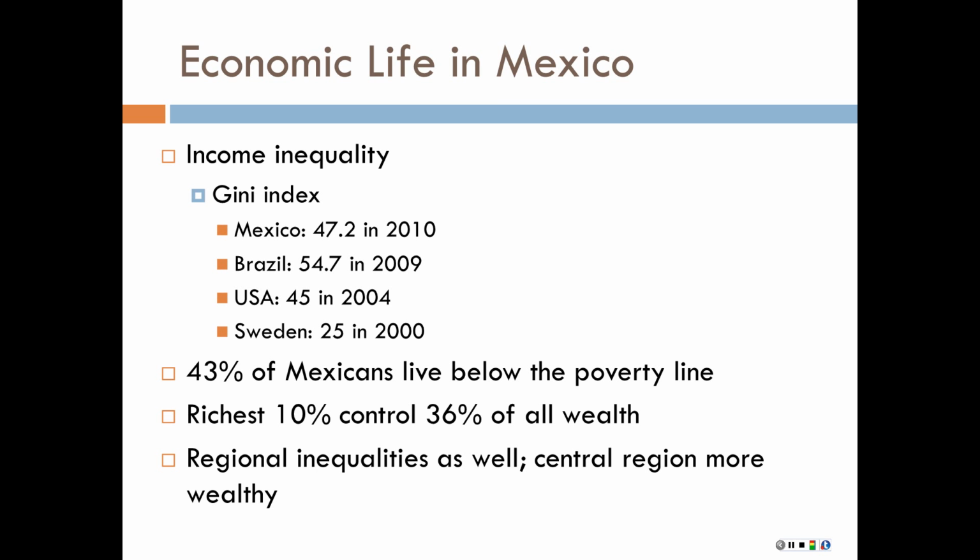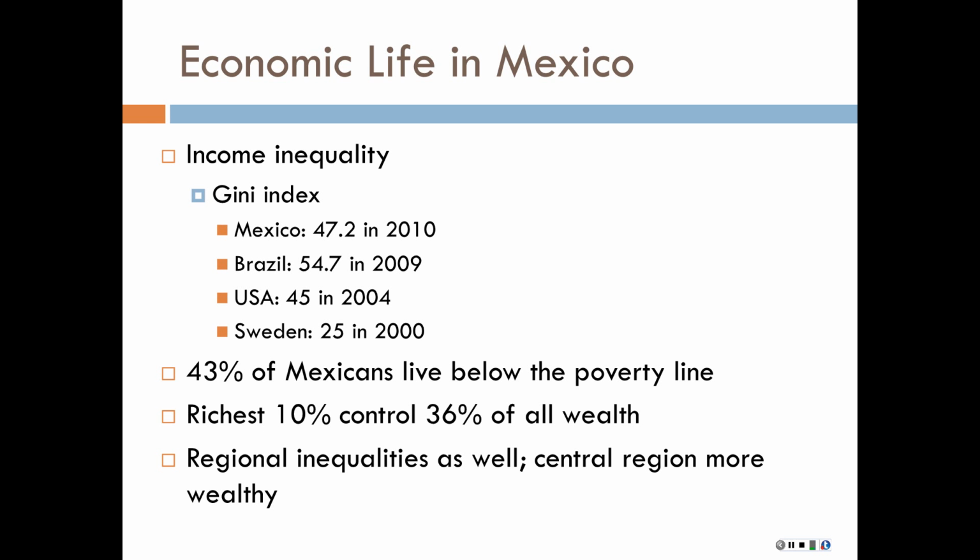Brazil, typically in the worst category globally, in 2009 had a Gini index of 54.7. Compare that to the US, which is 45 in 2004. And Sweden had a Gini index of 25 in 2000. Sweden, therefore, is much more equitable in terms of its distribution of wealth than Mexico, Brazil, or the United States.